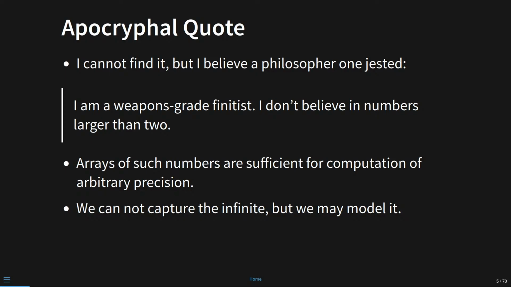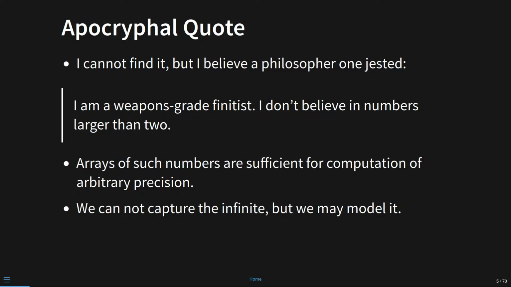It has 1 proton and 1 electron in it. And I say, yes, but that's the same electron and same proton in all of the hydrogen atoms. And then they get really mad. But I don't believe in numbers larger than 2. The only numbers I believe in are 0 and 1, which makes me very good for being a computer scientist, because computers also only believe in 0 and 1.